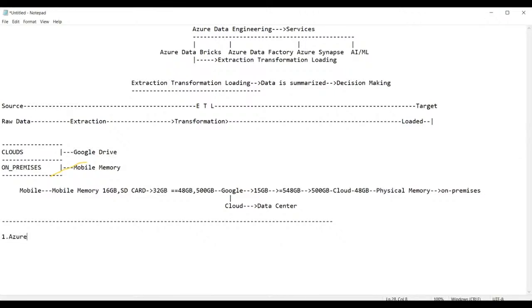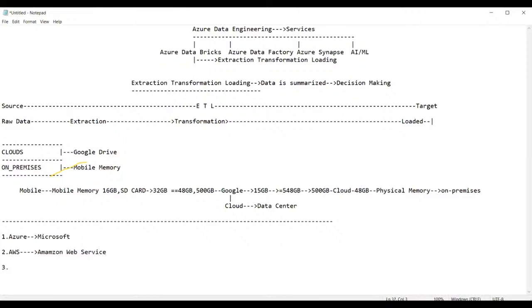Azure. Azure is a cloud provider from Microsoft. Microsoft markets its cloud product under the name Azure. The next provider is Amazon, or AWS, which is Amazon Web Services.